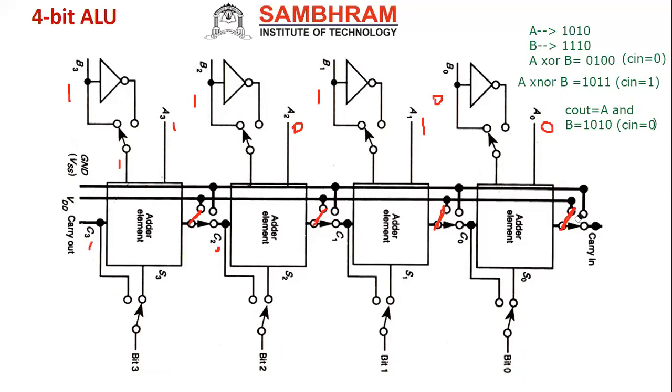For Cin equal to 0, what does it mean? It's supposed to be connected to ground. Yes. So this is supposed to be connected to ground now. So this also should be connected to ground. This also connected to ground. This also connected to ground.